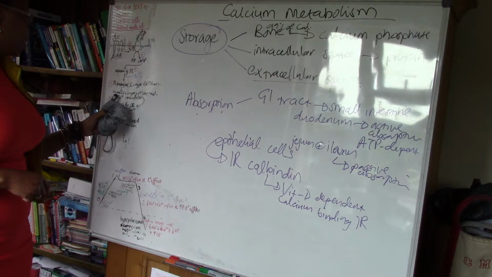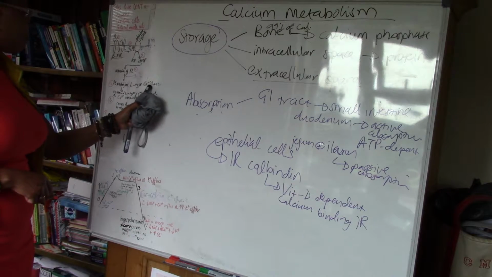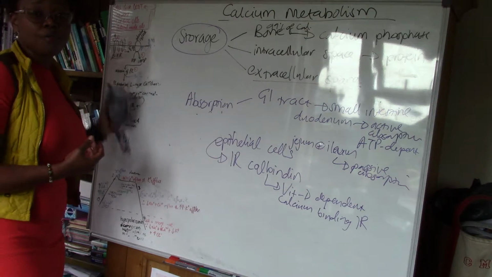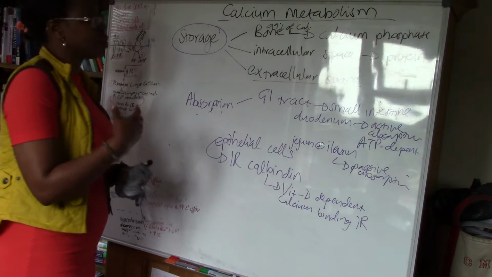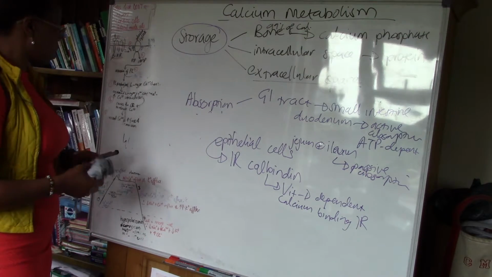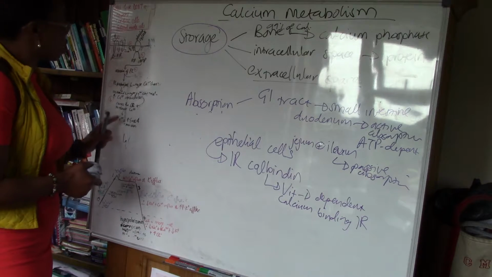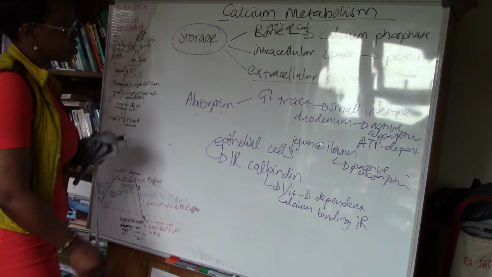But again, calcium is involved in the phosphorylation of the enzymes and proteins that are involved in the whole process that is dependent on the beta adrenergic receptors.